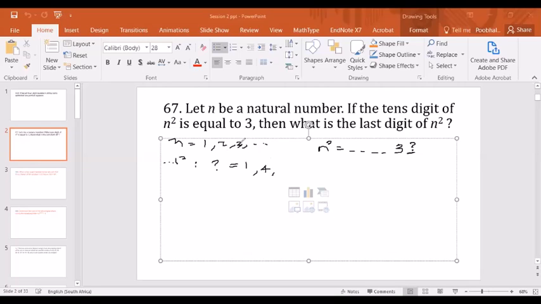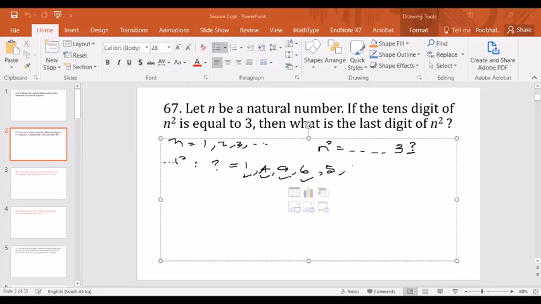If the number ends in 3, 3 squared is 9. But when it ends in 4, then 4 squared is 16, so the last digit will be 6. And like that, 5 squared, 6 squared ends in 36, 7 squared is 49, 8 squared is 64, 9 squared is 81, and these digits are repeated after you go past 5.